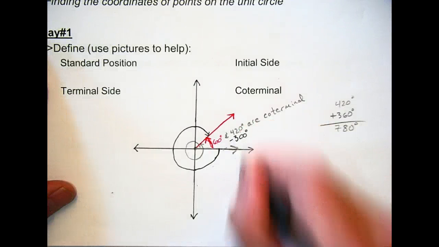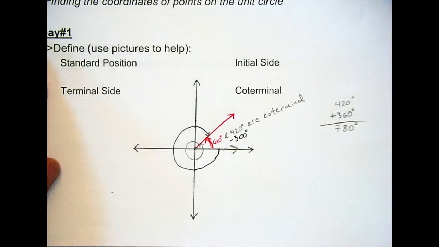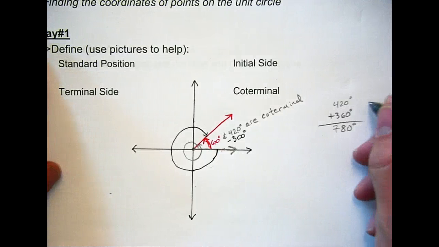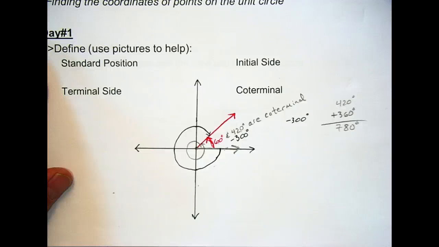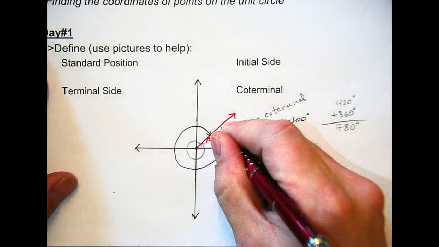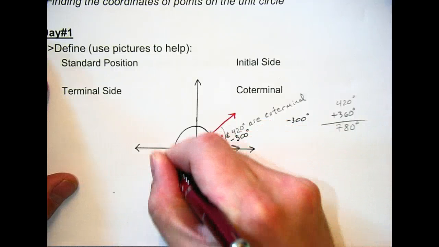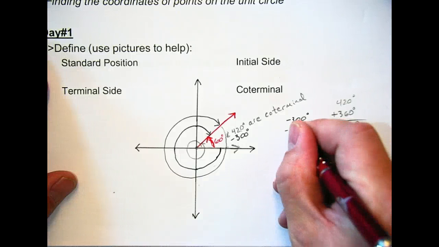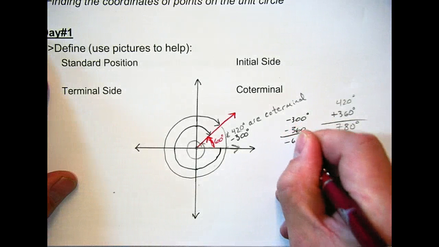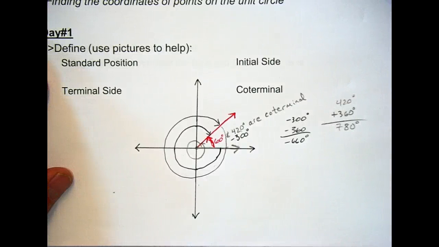So negative 300 is also coterminal. How could I get another negative coterminal? Negative 660. From here, I could just subtract another 360, and that would bring me another circle around. So if I subtract 360, I'm now at negative 660. So it's just about adding and subtracting 360 to get a coterminal angle.